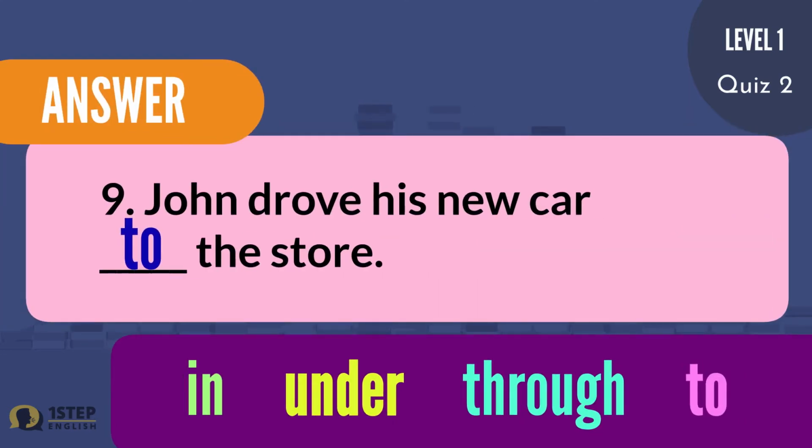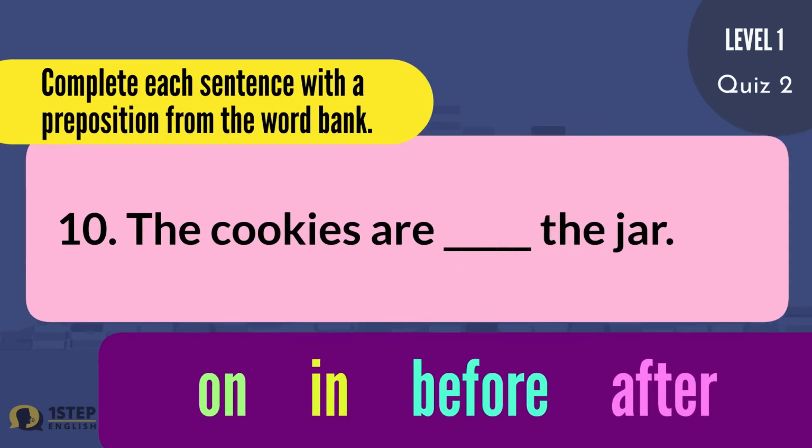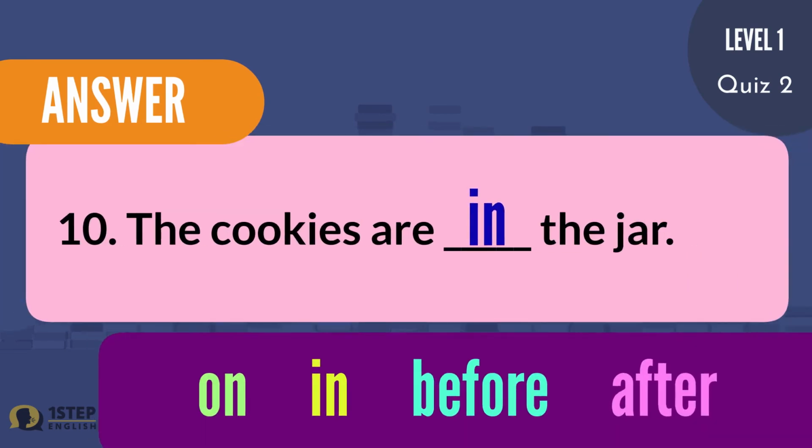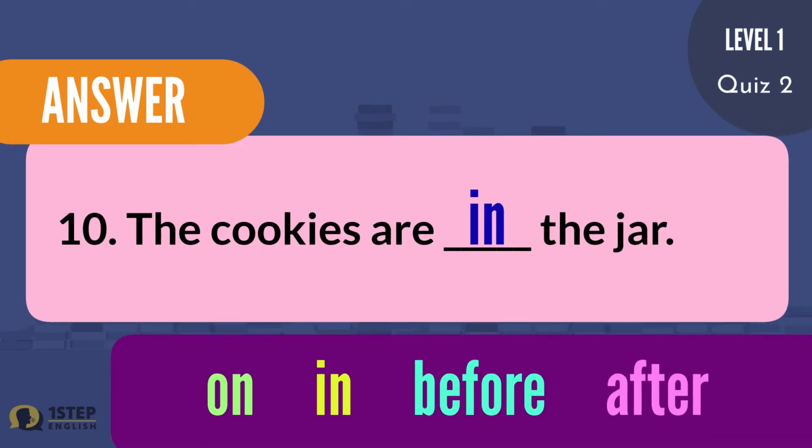The correct answer is to. John drove his new car to the store. Number 10. The cookies are blank the jar. The correct answer is in. The cookies are in the jar.